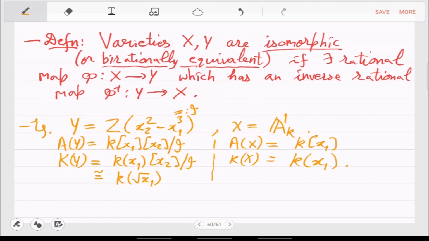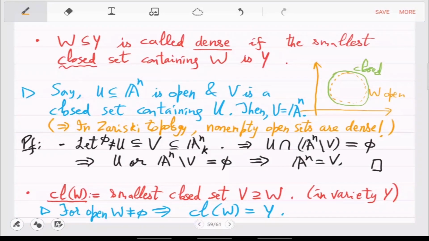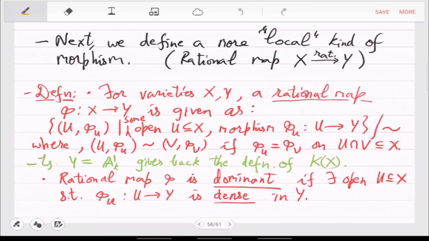I should have said one more thing. I should have given you the algebraic meaning of this rational map definition. What you can immediately prove is that if phi is a rational map from variety X to Y, then you can define a homomorphism, or a morphism, from the field of Y to the field of X. Maybe I should write it here.